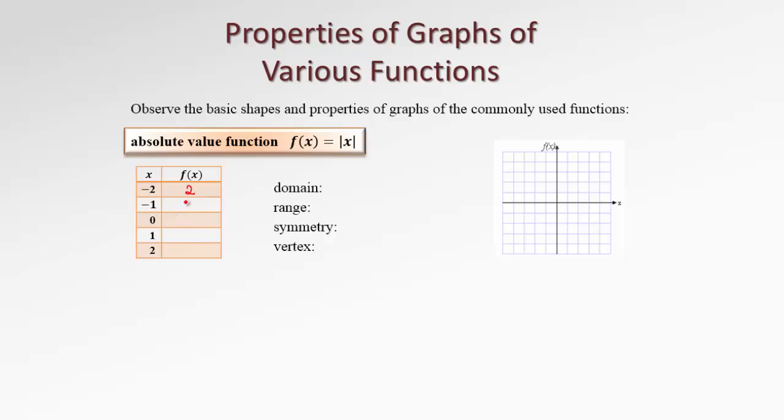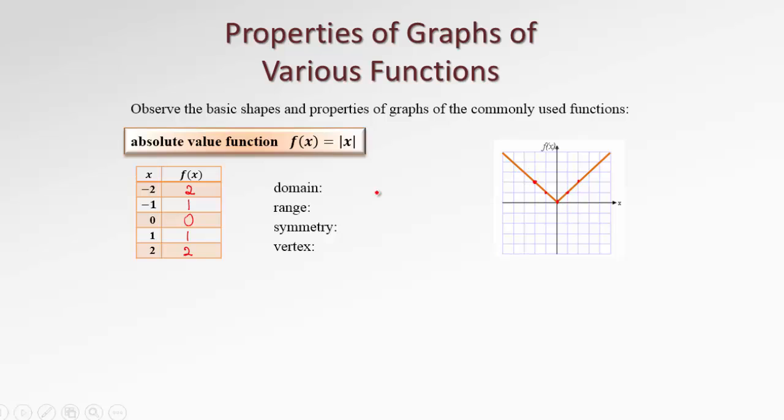For -1, the output is 1, absolute value of 0 is 0, absolute value of 1 is 1, and 2 is 2. So you can plot those points: (-2, 2) is here, (-1, 1), (0, 0), (1, 1), and (2, 2). Now we can recall that the shape of absolute value function is a V shape like this.